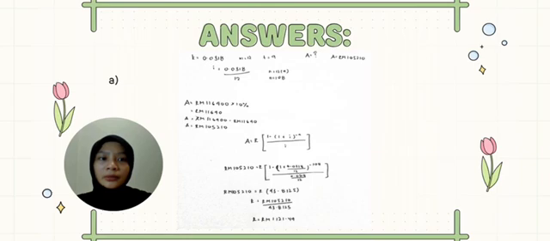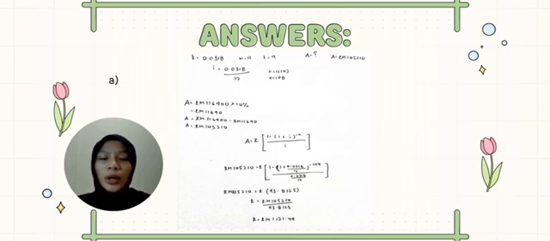A equals R multiply [1 minus (1 plus i) power negative n] divided by i. 105,210 ringgit equals R multiply [1 minus (1 plus 0.0318 divided by 12) power negative 108] divided by 0.0318 divided by 12. 105,210 ringgit equals R multiply 93.8125.